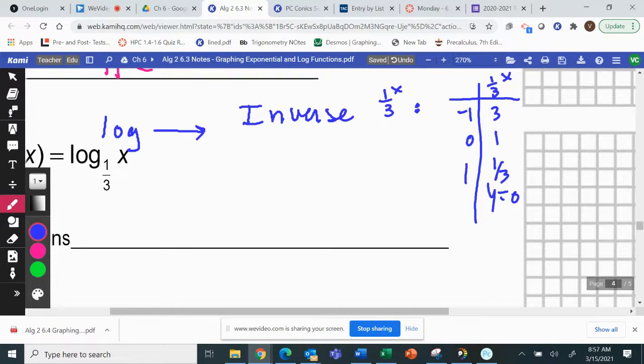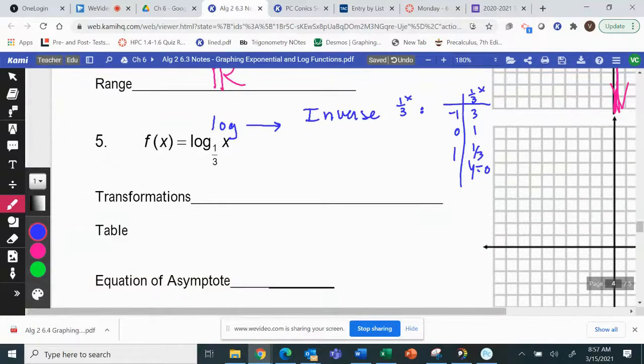But it's logarithmic, so we have to switch them all. And I switched my asymptote. So there, I went and I switched my x's and my y's, and I switched my asymptote.